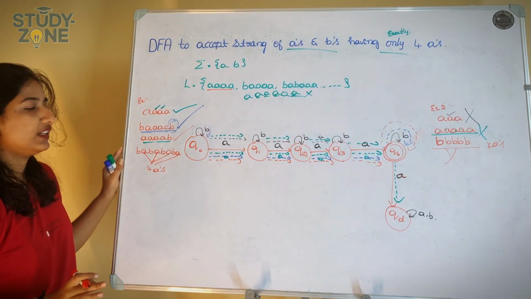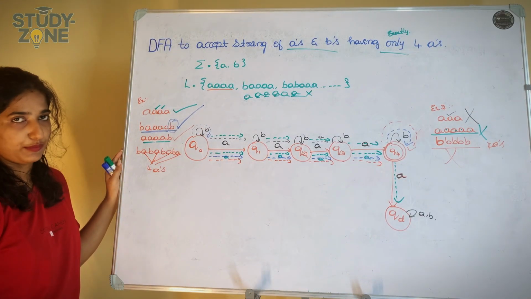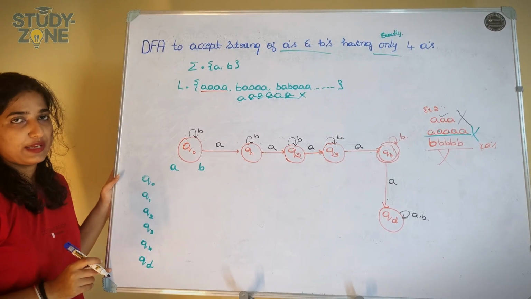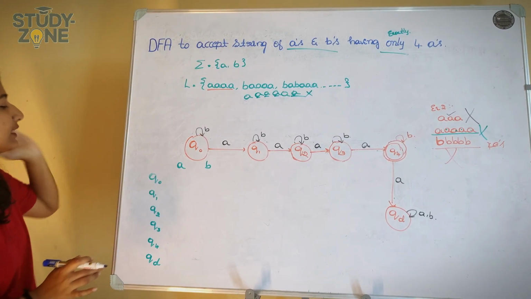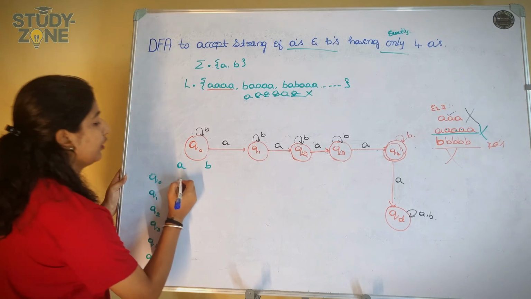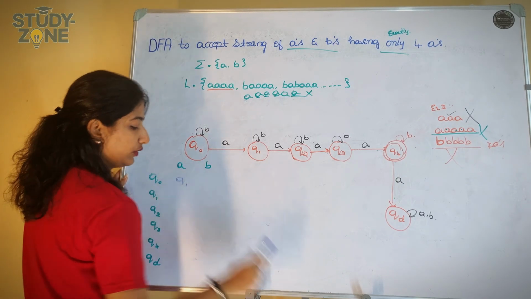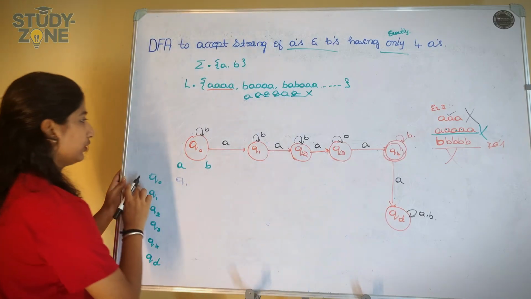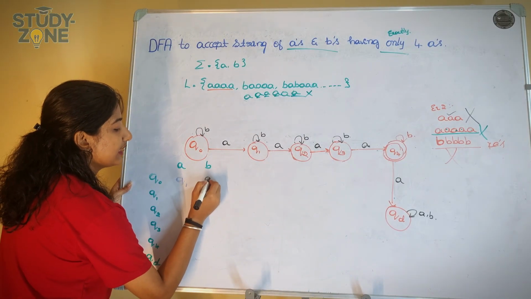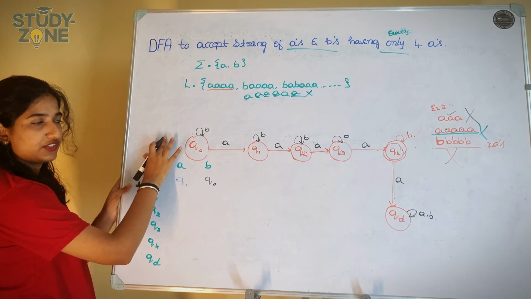Okay. So now let's write the transition table. So the transition table goes like this. That is Q0 on A, moving to Q1, and Q0 on B stays in Q0 only. Just compare with the transition diagram and write.